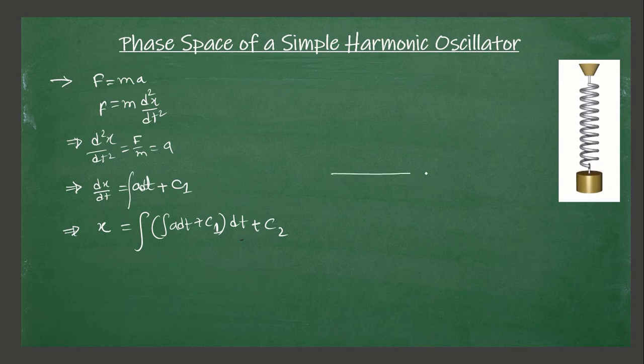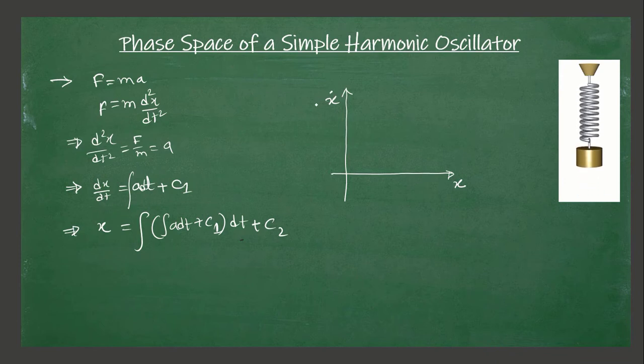So along the horizontal axis, we consider the position of this oscillator, let's call that x, and along the vertical axis, we consider the velocity of that oscillator. So let's denote that with x dot, the time derivative of the position. It's equal to velocity, right? Now let's find out the position of this oscillator with respect to some point. So as you can see, this is the position when it reaches this point, right?